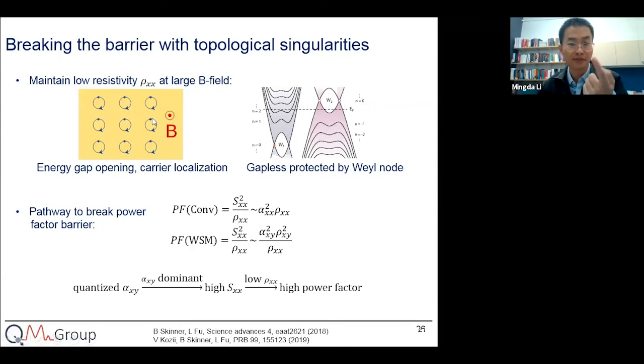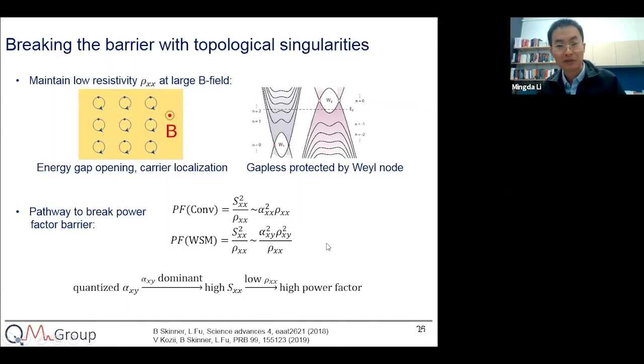The charge carriers will experience a force perpendicular to the moving direction. That's why the electrons will tend to have circular motions, and then the electrical resistivity will be increased significantly. But for the Weyl semimetal, as we know, there are two hairy holes in the momentum space that are very robust and cannot break. And this makes it remain a metallic state and reduces the longitudinal resistivity.